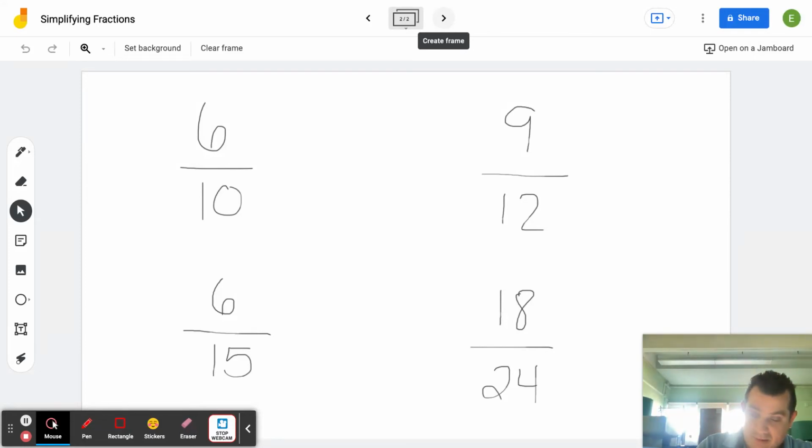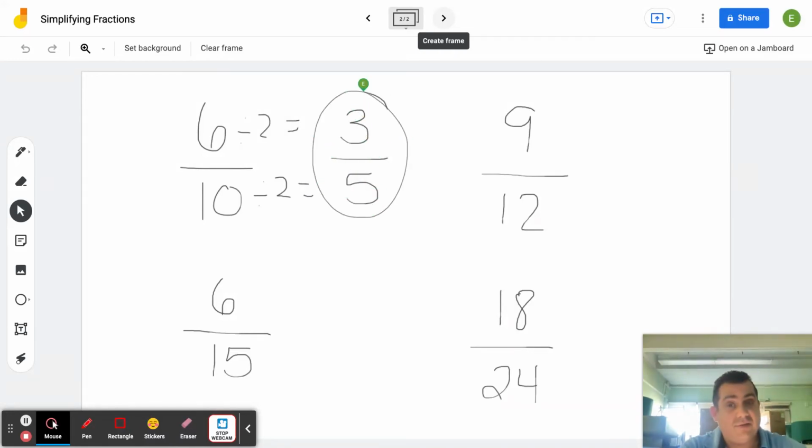I could do right here 6 divided by 2 and 10 divided by 2. Whatever you do to the numerator, you have to do to the denominator. And when I do that, I get 3/5.